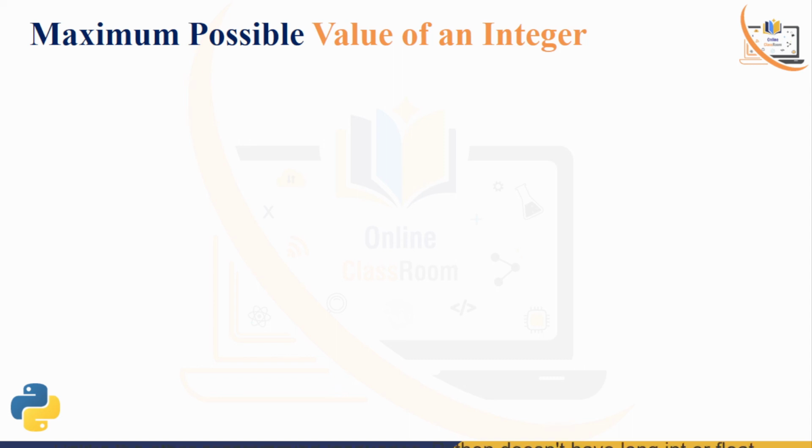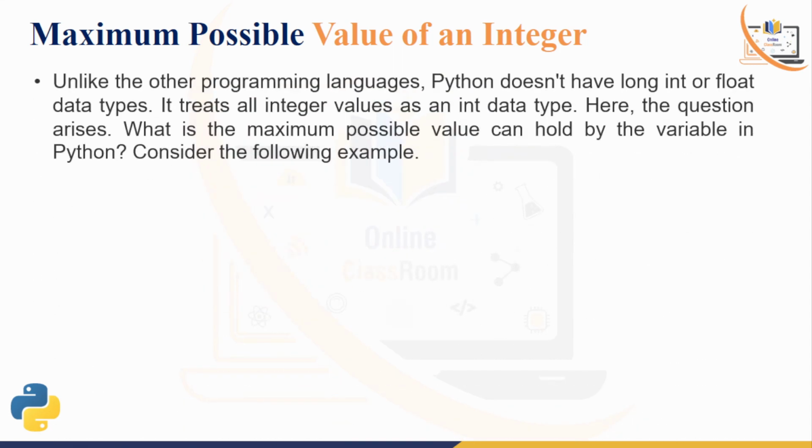But what about Python? Unlike other programming languages, Python doesn't have long int or float data types, because we do not declare data types. It treats all integer values as integers, so the question arises: what is the maximum value a variable can hold in Python?